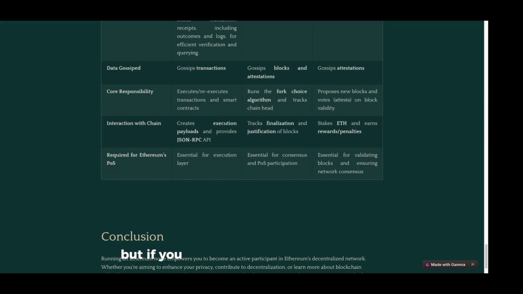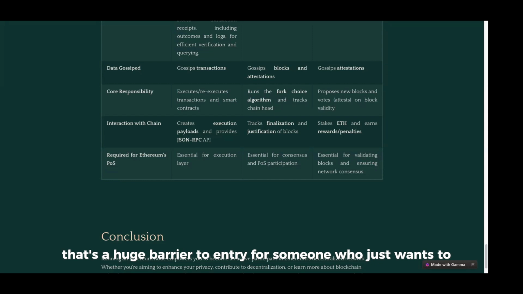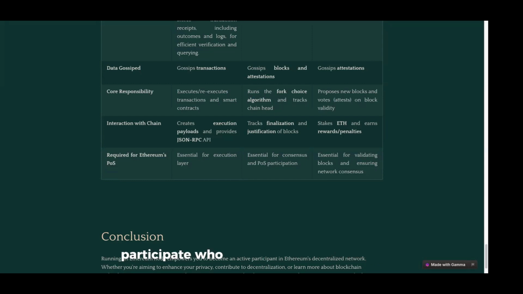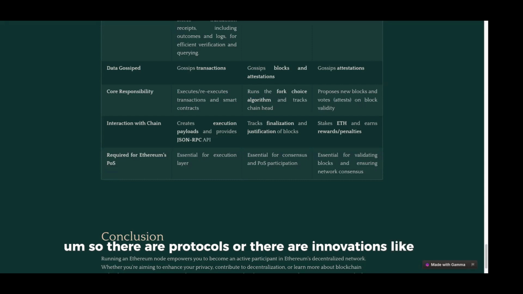But if you don't want to go through that route, there are lots of protocols making it very easy, because that's a huge barrier to entry for someone who just wants to participate and run a validator node. There are innovations like the Lido CSM.